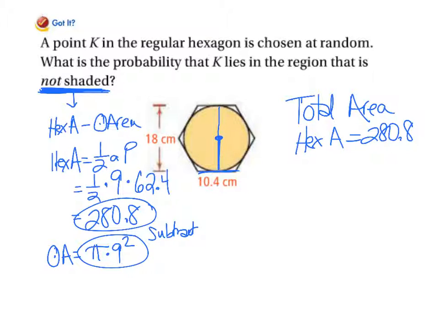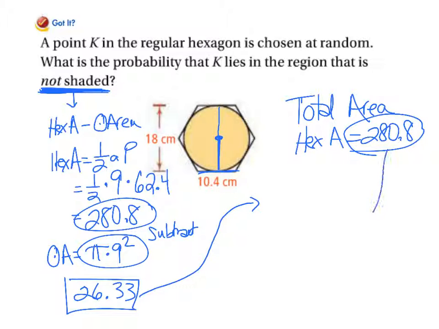And I end up with a successful area, which is the not shaded part, as 26.33.